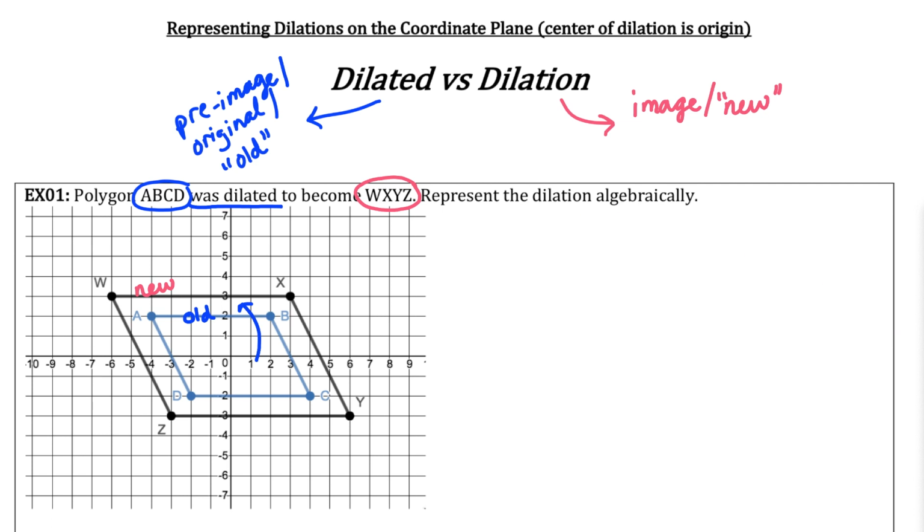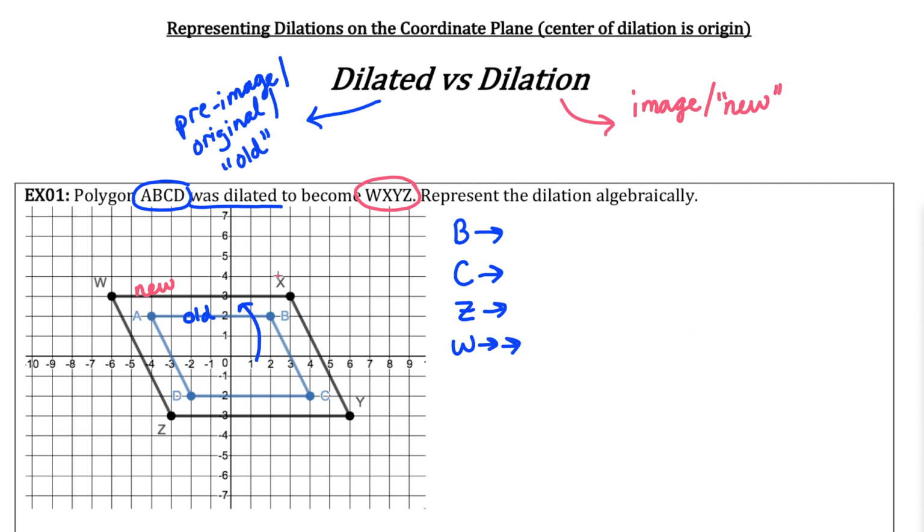So let's take B. We can see that B becomes X. B becomes something, C becomes something, Z becomes something, W becomes something.